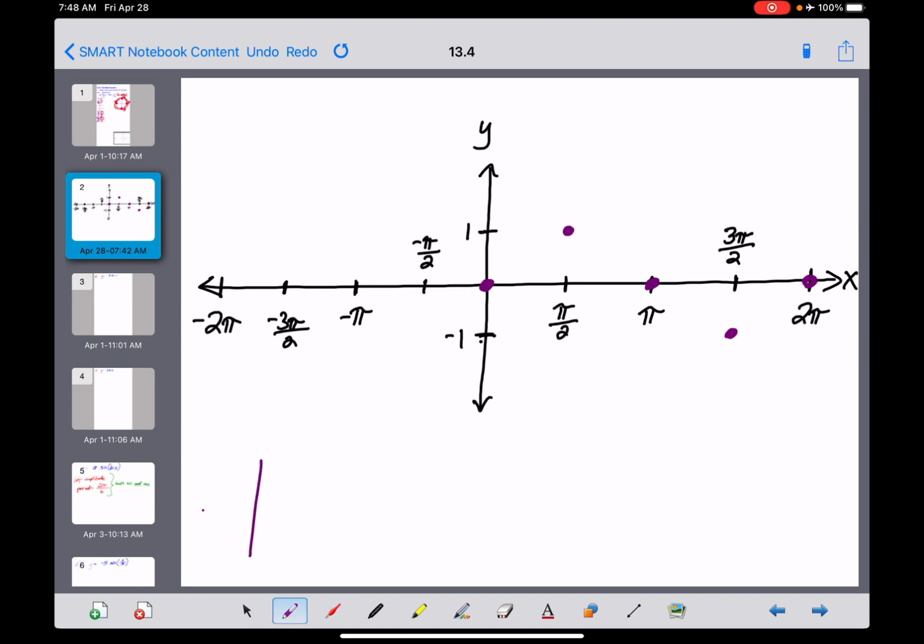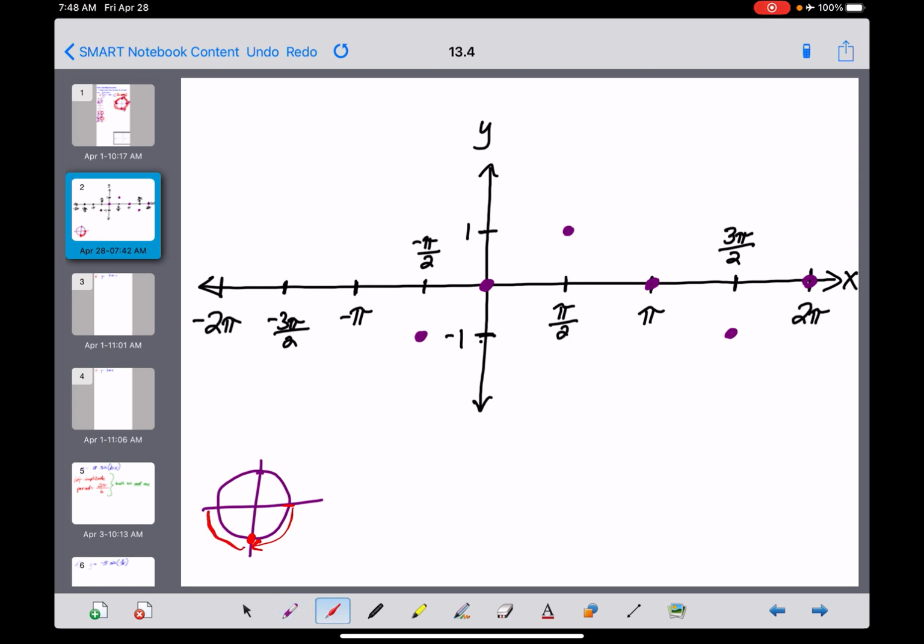Let me draw a much smaller unit circle right down here. What if I were to start thinking about negative angles? Like, for example, starting here, if we went backwards to negative pi over 2, sine would be your y-coordinate right there, which is negative 1. So at negative pi over 2, we have a sine value of negative 1.